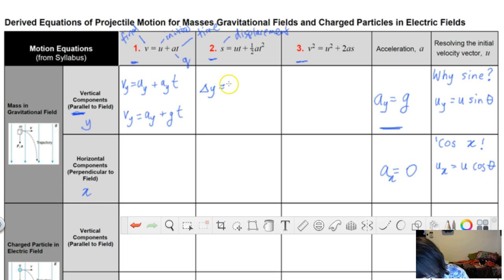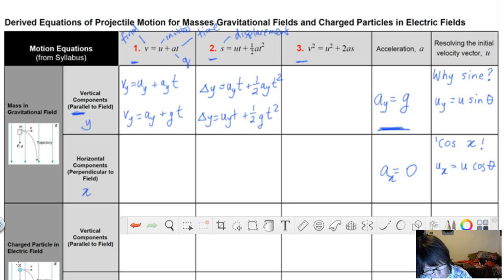And again, we've got our initial vertical velocity times time plus half times the acceleration in the vertical times t squared. Again, acceleration in the vertical is g, so we can write it like this as well.